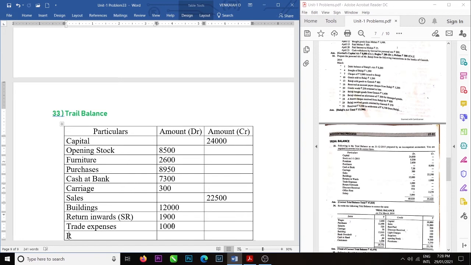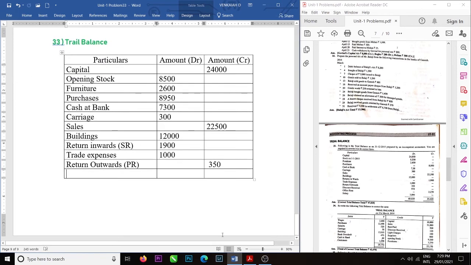Returns outwards are purchase returns. Sometimes they will say purchase returns, sometimes returns outwards. Returns outwards means we are returning goods, 350.